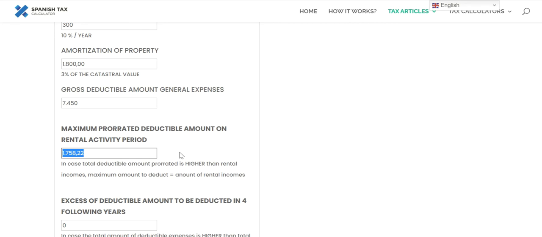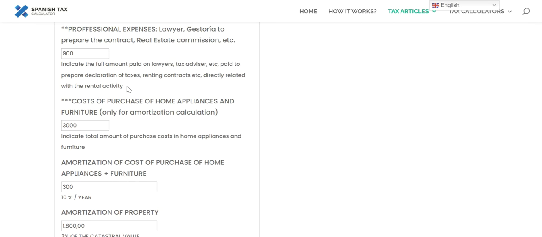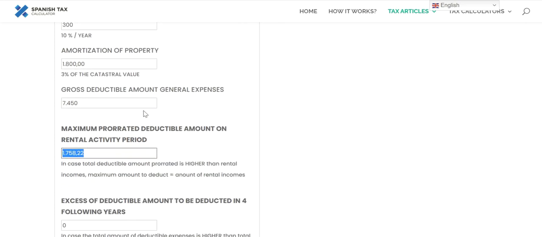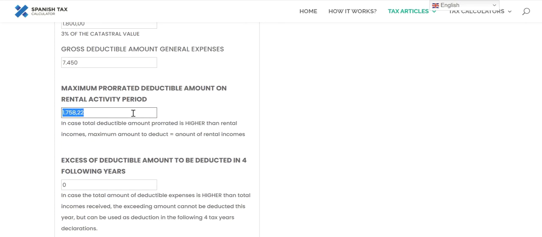Imagine that for some reason it has been a year in which you have spent a lot of money in all these concepts, and the amount of the expenses were higher than the amount of income received, 4,500. Imagine that you spend 5,000 euros, and you only get 4,500 from the rent.